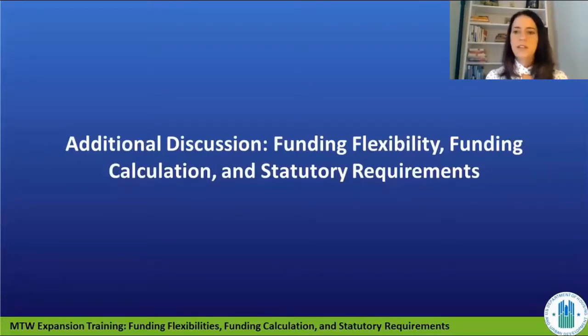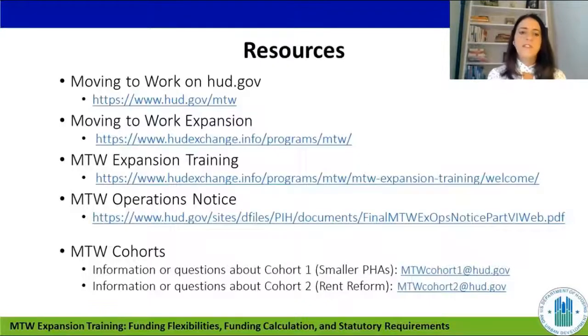Chantal, if we could go to the next slide, we'll just start to wrap this up. So this slide, we talked a lot about these resources during the presentation this afternoon. Again, if you go to the regular MTW page on HUD.gov, you'll find everything you could possibly want to know about moving to work, about the MTW expansion, about the cohort-specific pages.